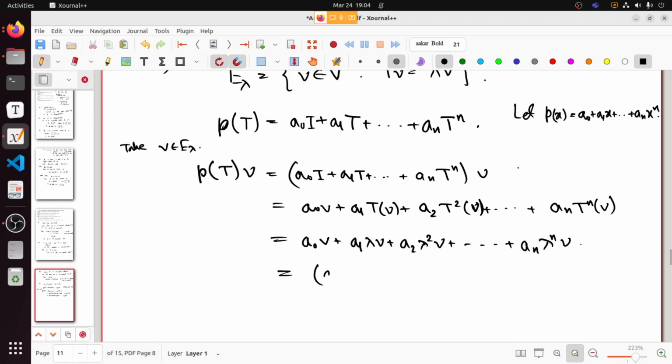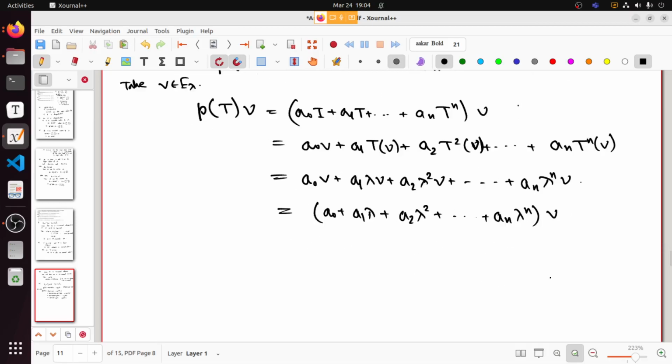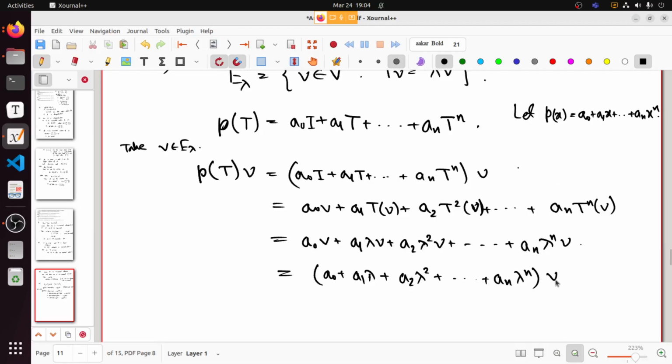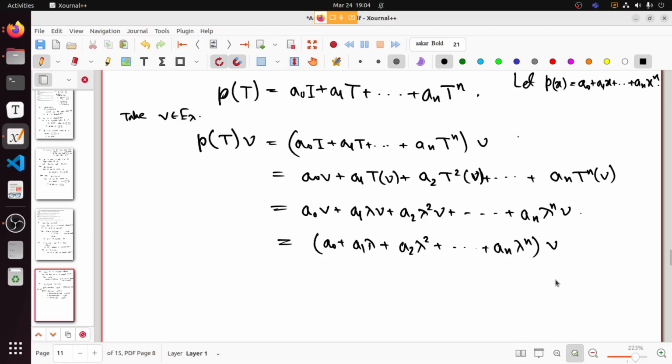So what we've got is a0 plus a1 lambda plus a2 lambda square plus dot dot dot an lambda to the power n, times v. This is exactly the polynomial when you substitute the value lambda, so this is P lambda of v. So we have shown that P(T) of v will be P lambda of v, right?